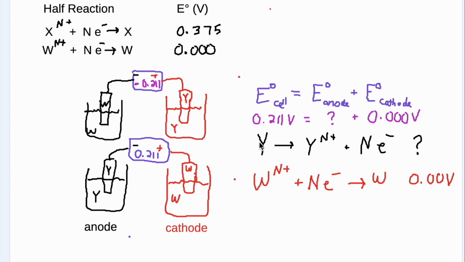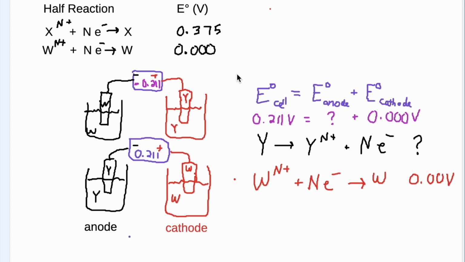That means that at the anode we have metal Y getting oxidized and losing electrons and becoming Y ions, losing N number of electrons, whatever the charge on Y ends up being. And that one is the one that we're trying to figure out. So I put a question mark there for the number of volts.